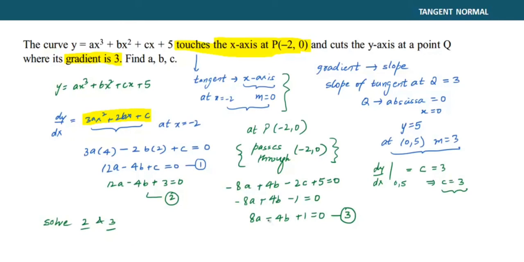So I'm leaving that particular component for you to solve. I hope the question is conceptually very clear. The answer that you should check is that a will be minus 1 by 2 and b will be minus 3 by 4. But I suppose that the question is very much clear to you now.